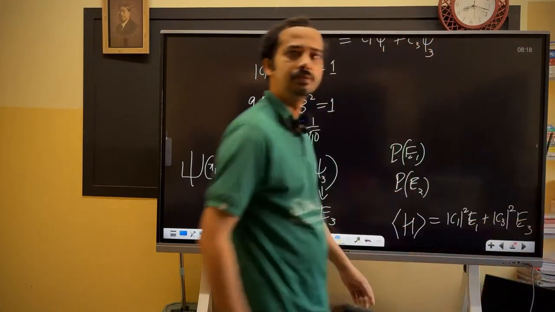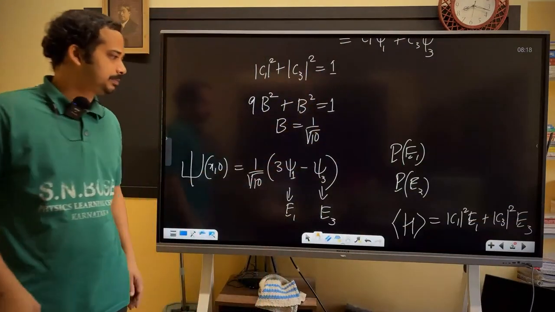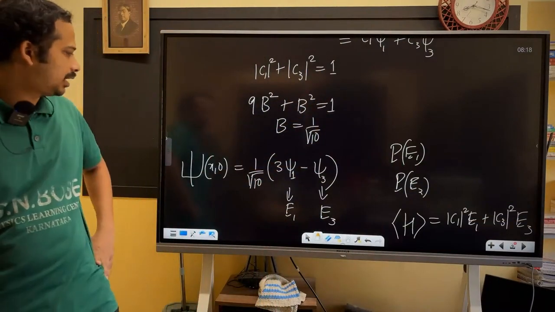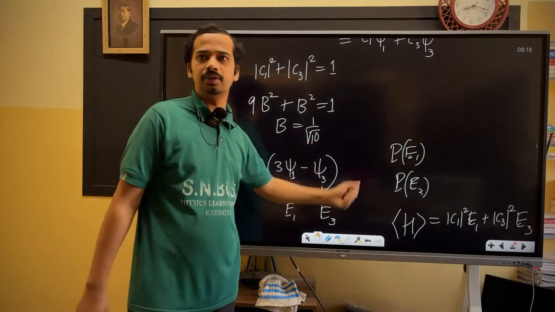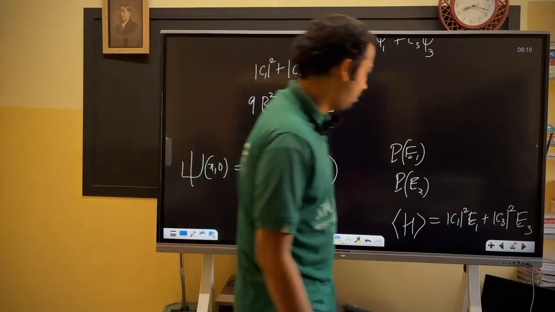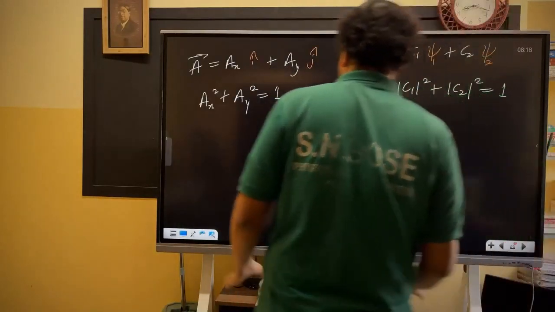No integral, only algebra. And they may ask again about time evolution. You just plug in e power minus i E t by h bar. Try to grab this clear-cut answer so that you will have some confidence.